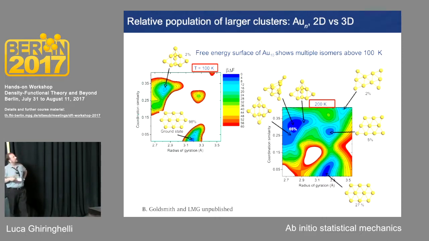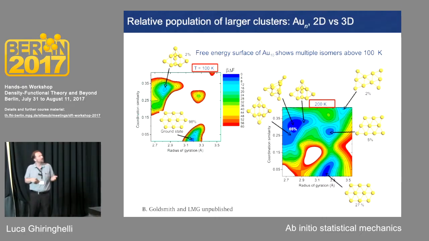And the coordinates here are a bit exotic. So radius of gyration, you know it. But the second one is a bit exotic. And they were chosen in order to have a good representation. But while sampling with the replica exchange, we didn't know before. We just looked at how many different clusters were present after the simulation.